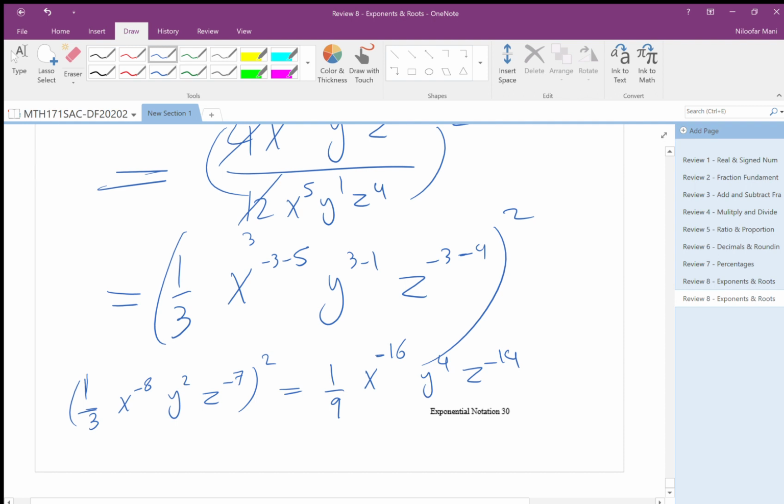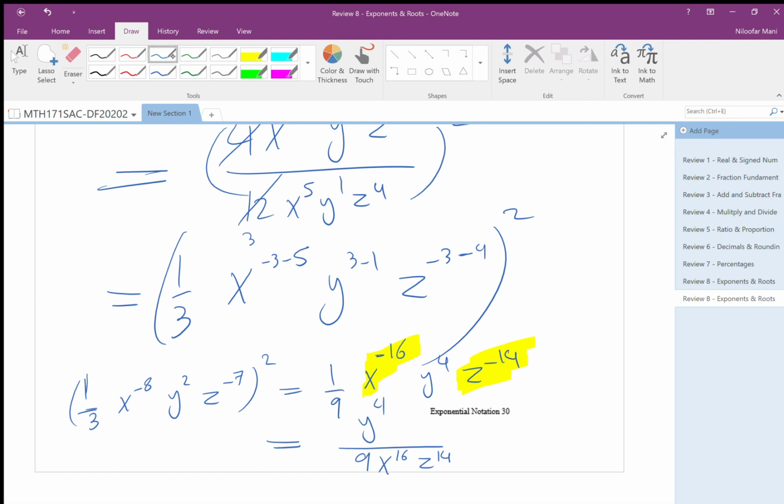You times 2 to the power. That's the rule. Power on power, you times powers. And then what do you do after? Y power 4 over 9 x power 16 z power 14. You just move this and this one, nothing else.